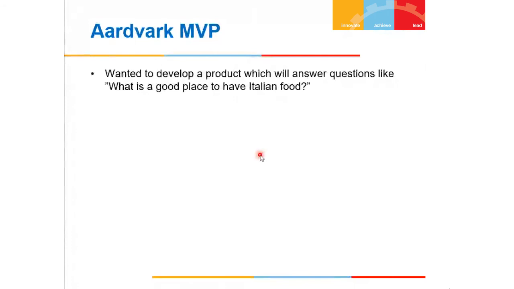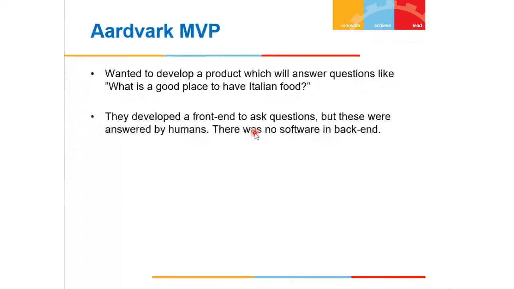You have an app in which you type, what's a good place to have Italian food, and using some artificial intelligence and machine learning tools, it will suggest the best place for you. But without developing this product, they developed only the front end, in which they can type the question like a chat box.